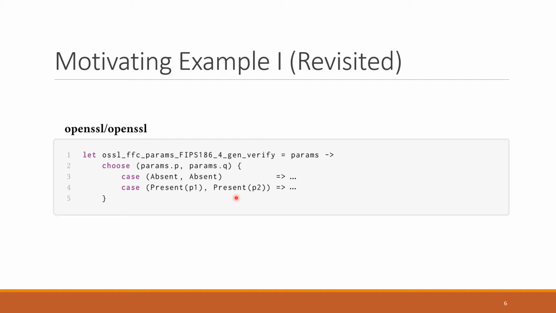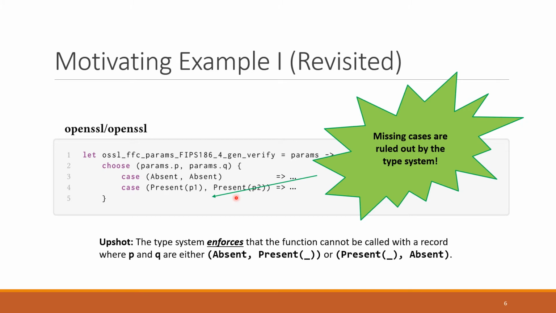And again, just to repeat, you write this choose construct, and then you can omit all the cases that you're not interested in, and then the type system will enforce that this function here cannot be called with values corresponding to the missing cases. So for example, in this case, we could not invoke this function with an absent and a present value because that is not covered by the 2 cases listed here. That would be a static type error.